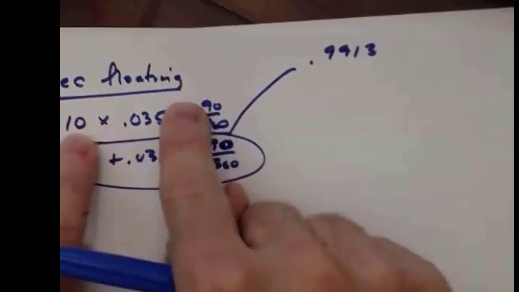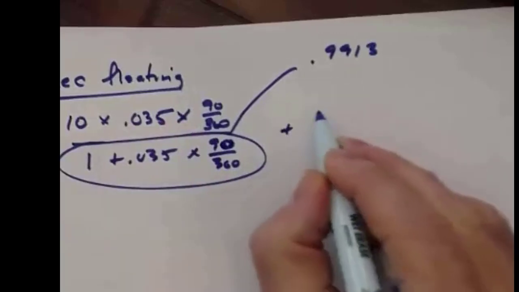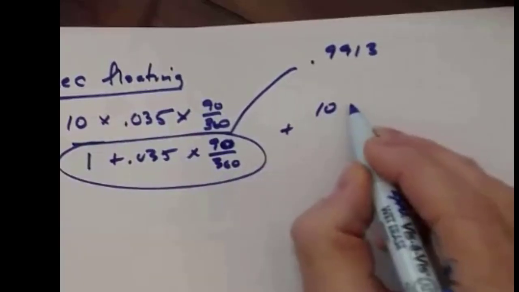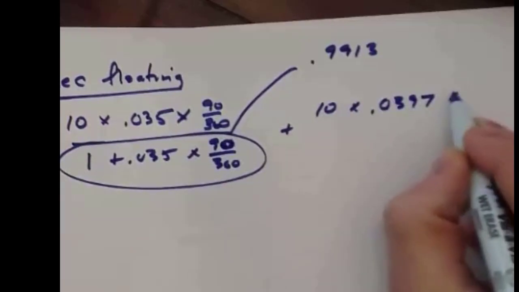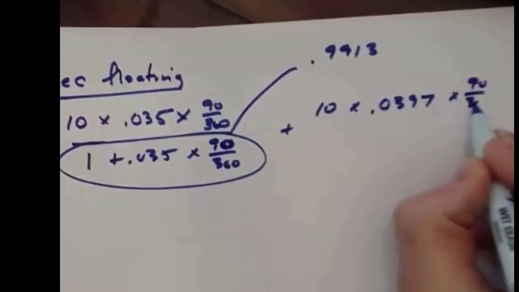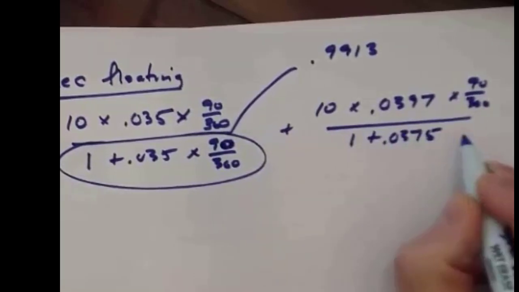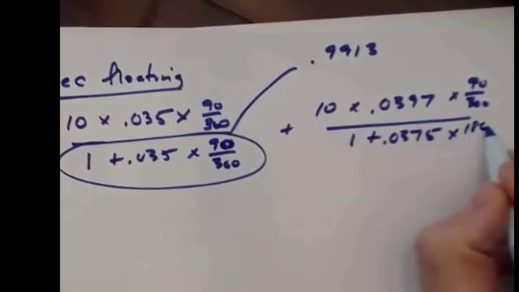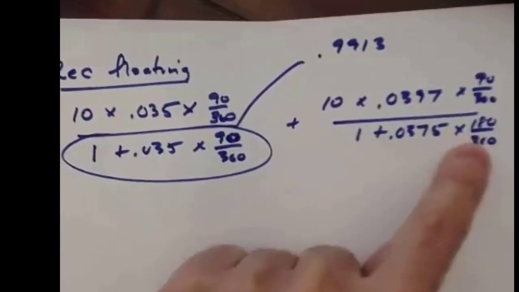So this whole calculation is the present value of the first floating payment. Then we're going to have another floating payment that we expect to be this, and we need to discount it by the spot rate for 180 days.